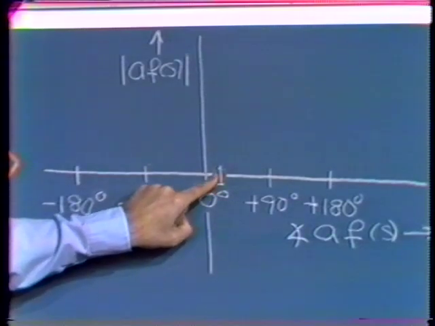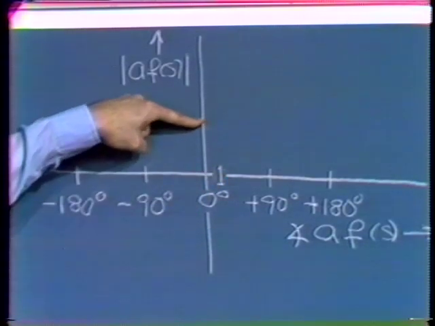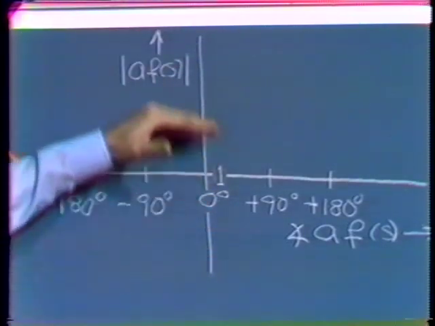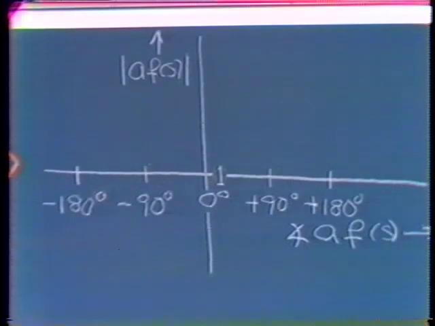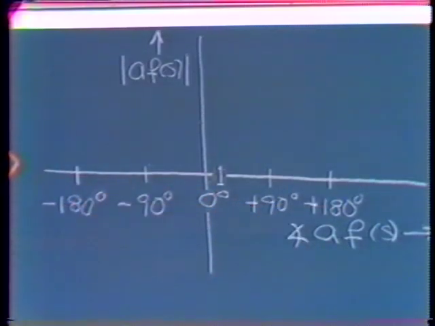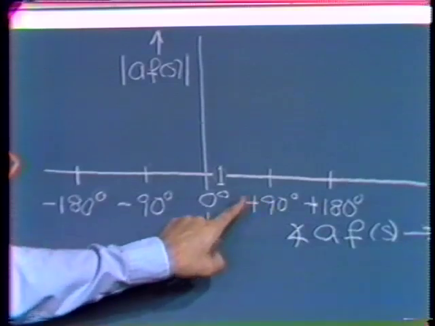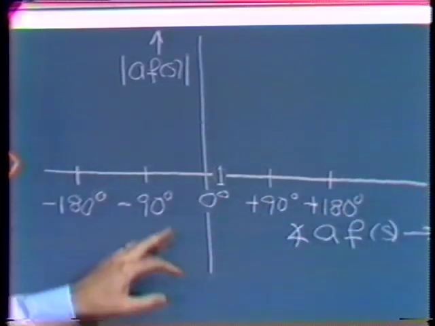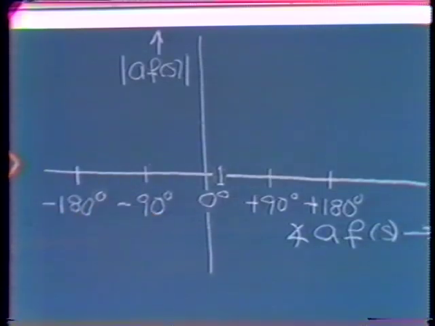So here we might have unit magnitude, a magnitude of 10, 100, and so forth, a tenth, 1/100th. Again, a logarithmic scale is usually most convenient because of the large dynamic range associated with the magnitude of the loop transmission. And this axis is the angle associated with AF, 0 degrees in the middle, plus 90 degrees, plus 180 degrees, and so forth, and negative angles to the left in this gain phase plane.